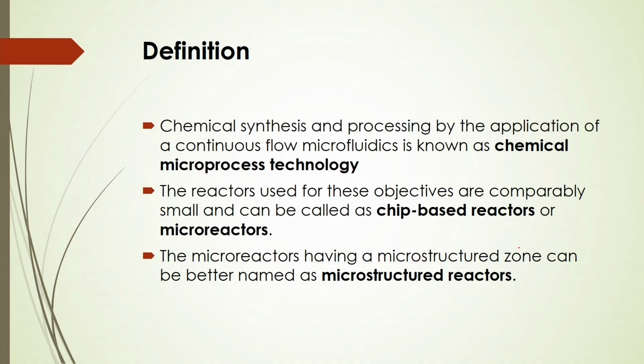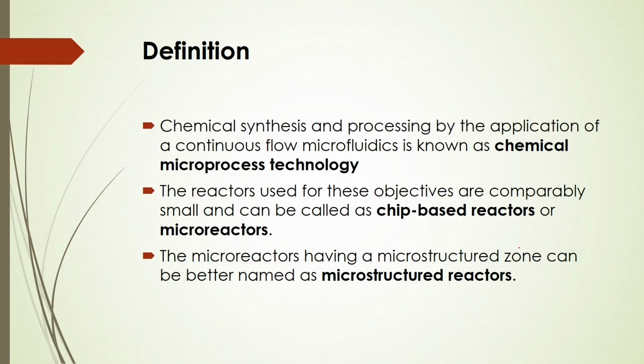Now, as we already discussed, the definition of microprocess technology, the different types of microreactors, how they are designed and how to fabricate all those microstructure reactors, we discussed in brief in our earlier lectures.